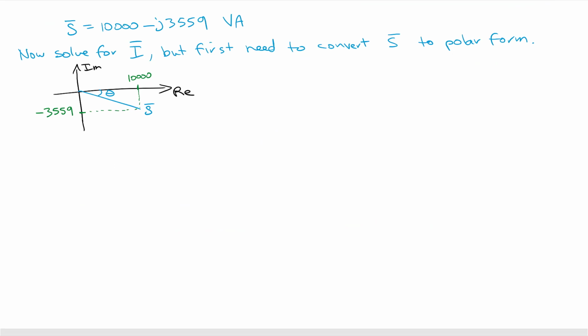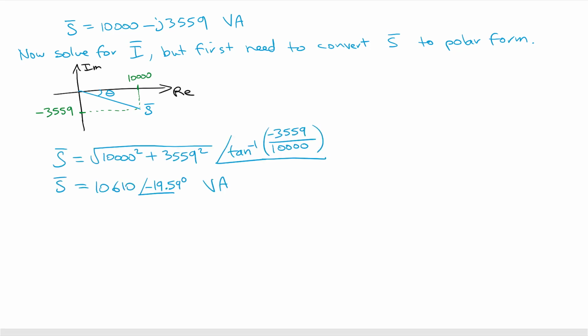Okay, so then we can write it in phasor form, because we need to solve for the phasor current, and we need to do our manipulations in polar form to make it easier for ourselves, because our voltage is also given in polar form, and when we do our arithmetic we're going to have to divide, so we're going to make it simpler for ourselves. So converting rectangular to polar, we calculate the magnitude first.